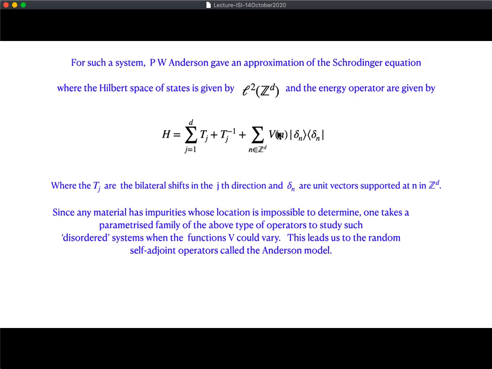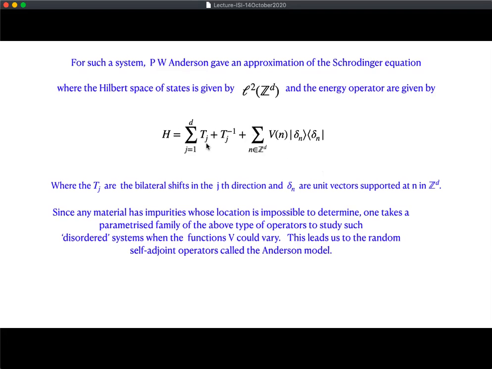Then you take a real-valued sequence V_n, and this represents a diagonal operator, diagonal in the orthonormal basis formed by the unit vectors supported at the points n. So this part of the operator is just a diagonal operator with a real diagonal.